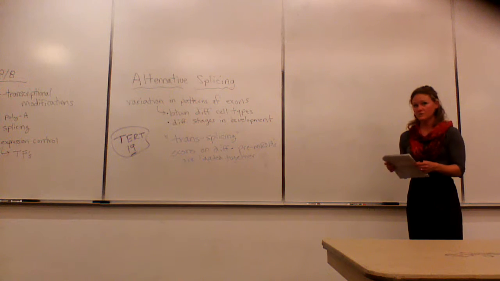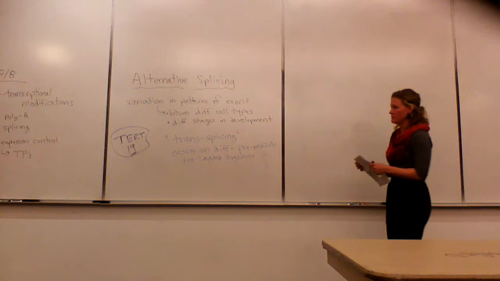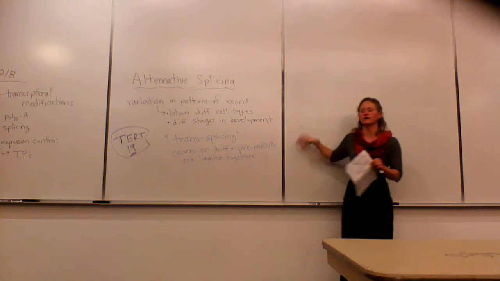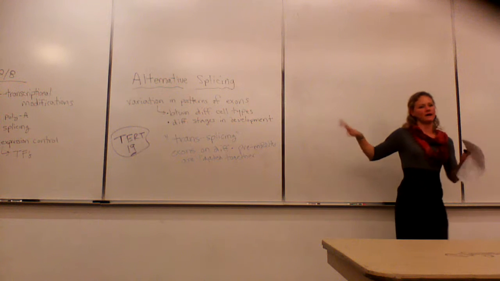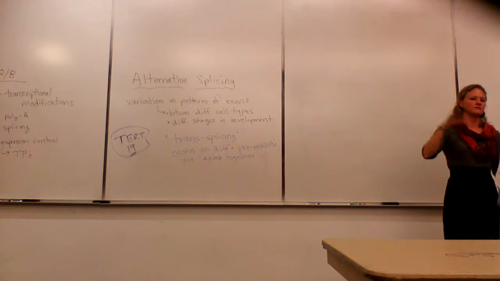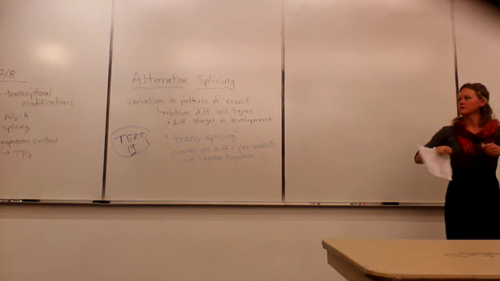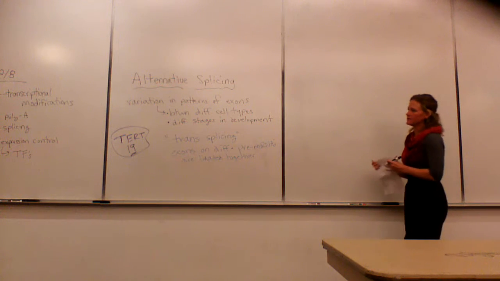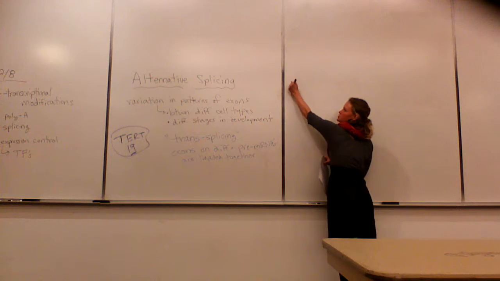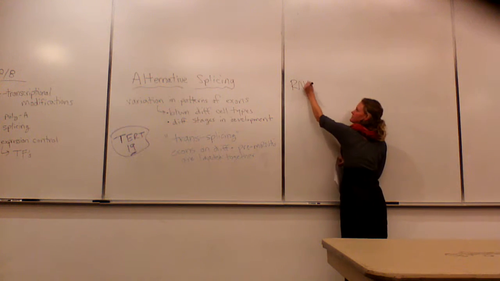Let's see, I have one more small piece to go, to add on to our RNA editing, RNA splicing, capping, tailing, all that, which gets us out of chapter 12, and then we'll move into chapter 15. So the last thing for your notes after alternative splicing is a real short concept called RNA editing.